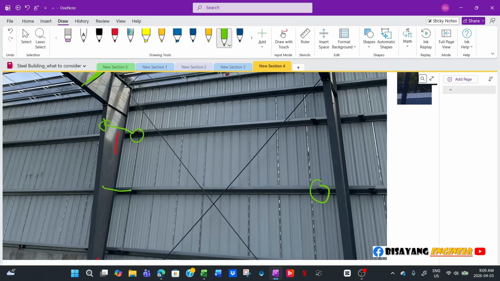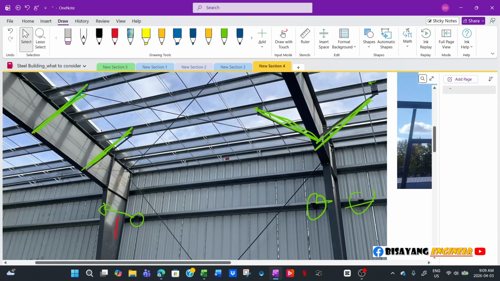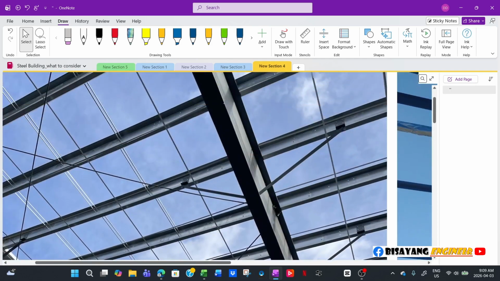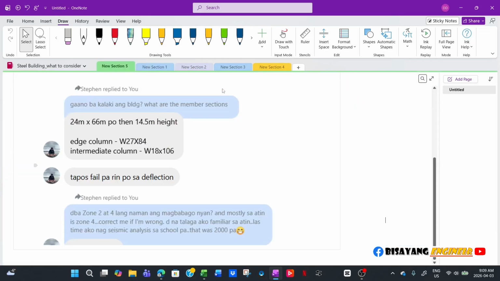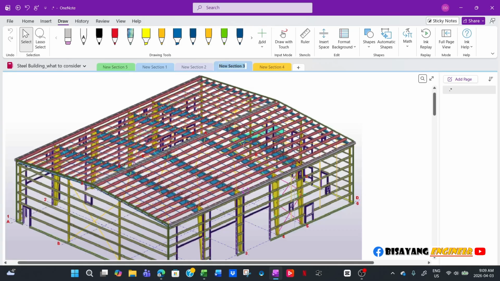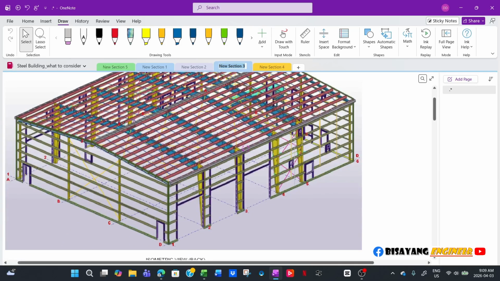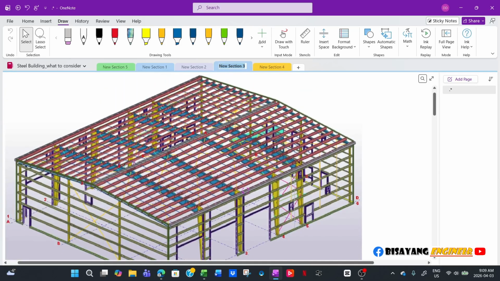It's not done, because this is an ongoing construction, so the bracing was not placed yet. You will notice here a shear plate. So that's the purpose of that bracing, to limit the unsupported length of your frame, and then eventually reduce your required section.